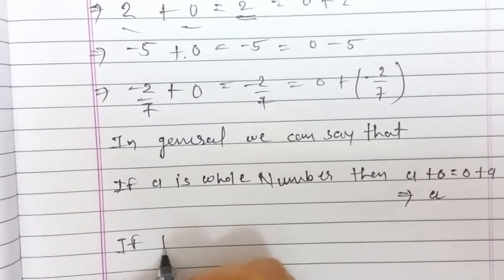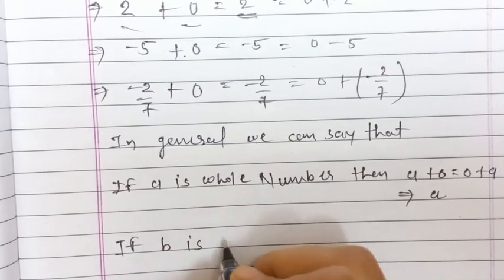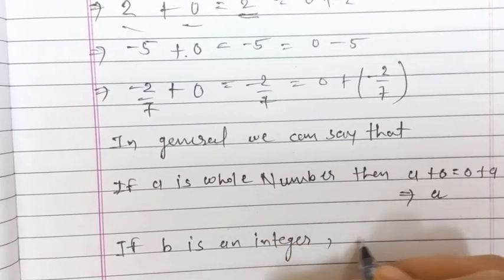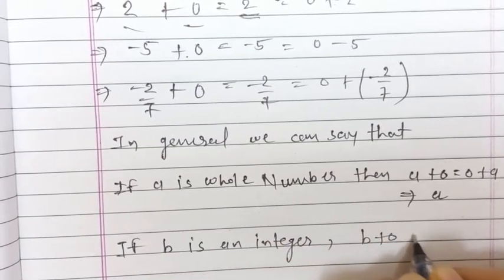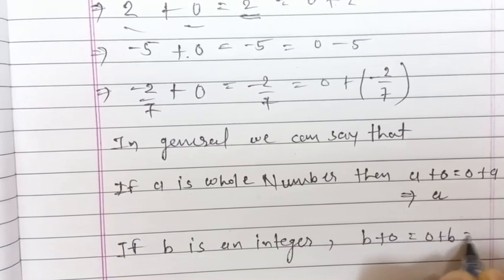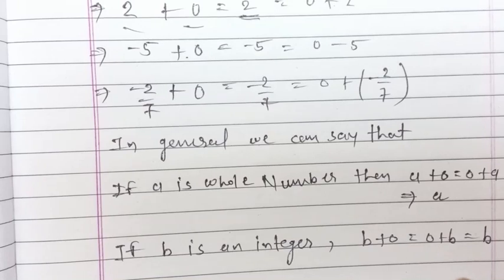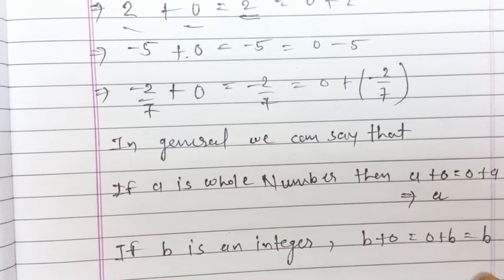Now if B is an integer and we add 0 to this integer, then we will get B. So again the sum is an integer.